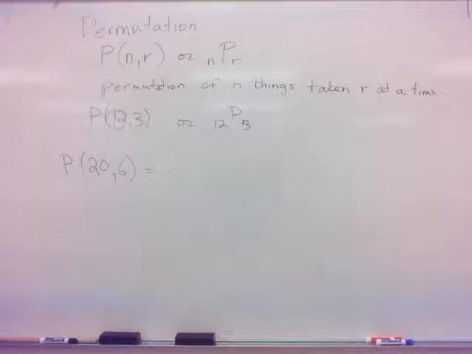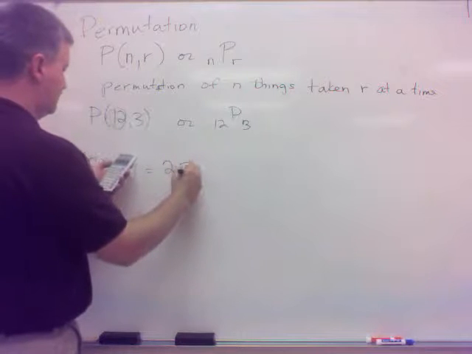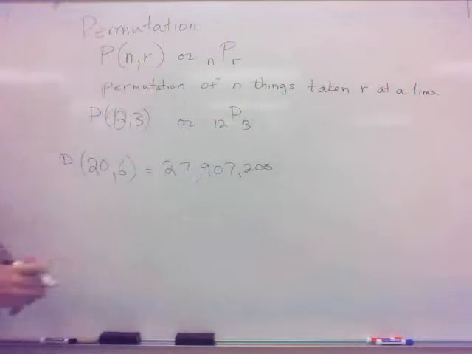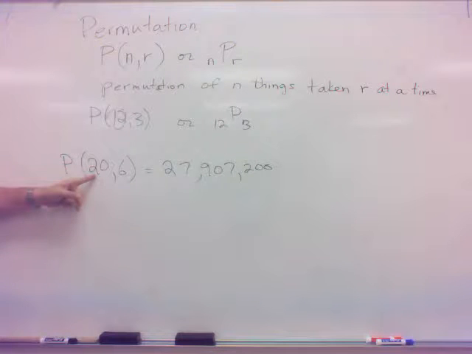What do you get? A big number: 27,907,200. Everybody get that? Okay.